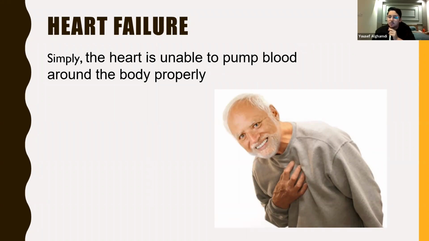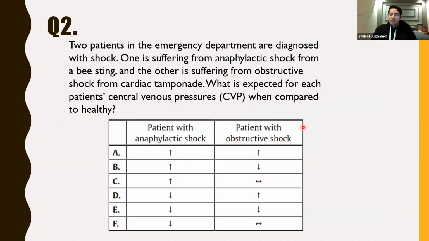Can you please explain the second question once more? Okay. So we have two patients in the ER. They're diagnosed with shock. To put it on the table there, they have shock. One is suffering from anaphylactic shock, right? We said anaphylactic shock is due to bacterial toxins, right?